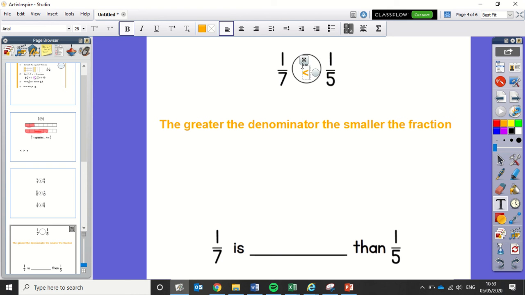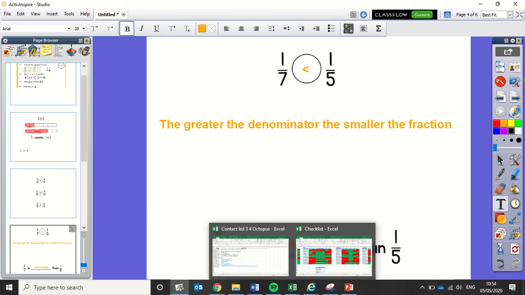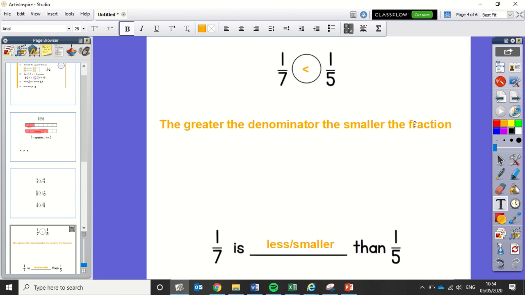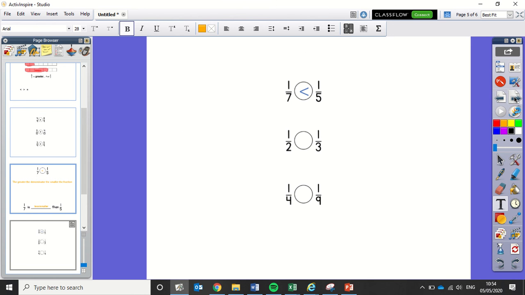So my crocodile will want to eat my 5th. 1/7 is less than or smaller than 1/5. Okay. As long as you remember that golden rule, these will not be difficult. So, same again, I've done the first one. You can now take this moment to pause and have a go at the next two.